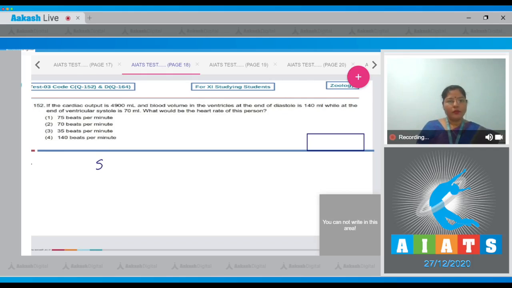Stroke volume is equal to end diastolic volume, which is 140 ml, minus end systolic volume, which is 70 ml. So it comes out to be 70 ml.